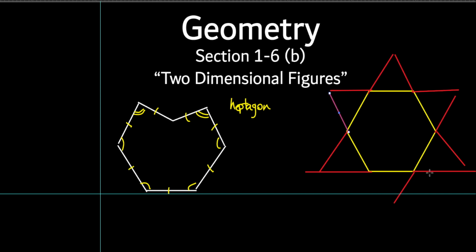That's not what I'm concerned about. What I want us to see is that if I extend all the sides, see how these lines will eventually intersect right here, like that? All the intersections are outside of the polygon. Everybody see that? So if I extend all the sides, it will never intersect inside the polygon.